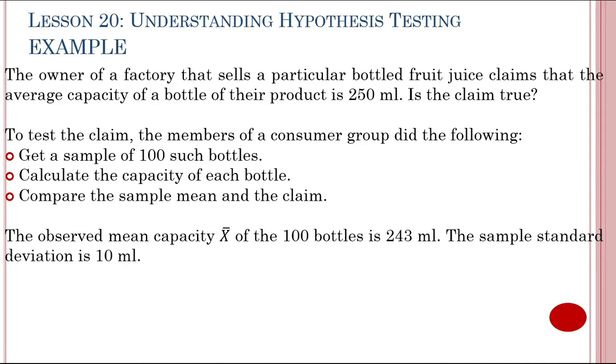So, ngayon, nung na-check na nila lahat, in-average nila yung laman. Therefore, ano nangyari? The observed mean capacity of 100 bottles is 240 ml. The sample standard deviation is 10 ml. Of course, nung mineasure nila yung sample mean, kinuha na rin nila yung sample standard deviation.